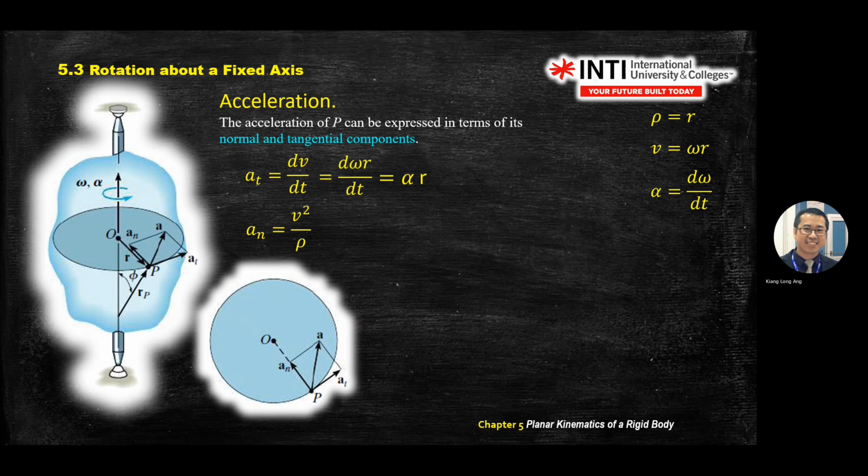So when you do angular rigid body, A_T will be alpha R. Look at A_N.